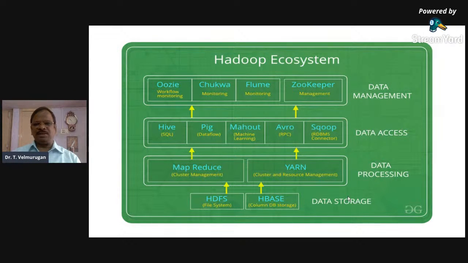Then what else is in the Hadoop ecosystem? HBase: you can note that database storage, data storage, HDFS file system, HBase, Hadoop base. HBase is 100% processed by using column oriented database storage.